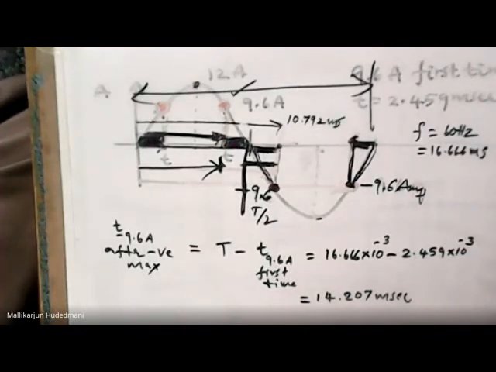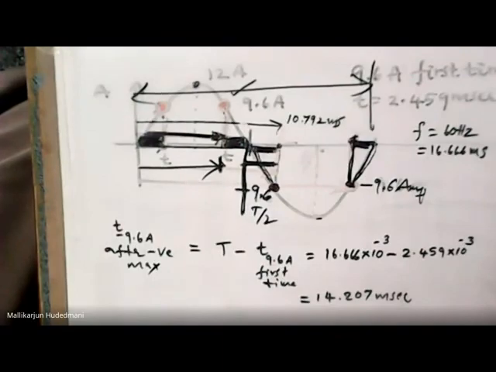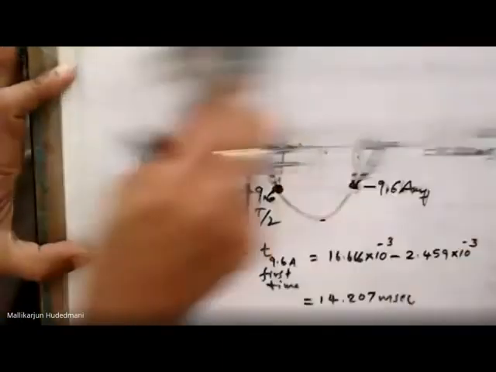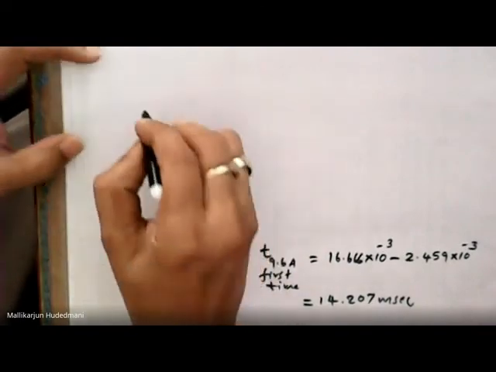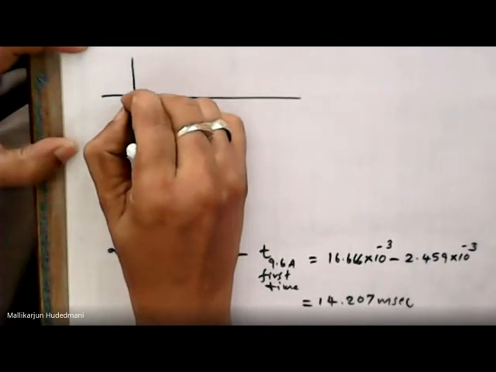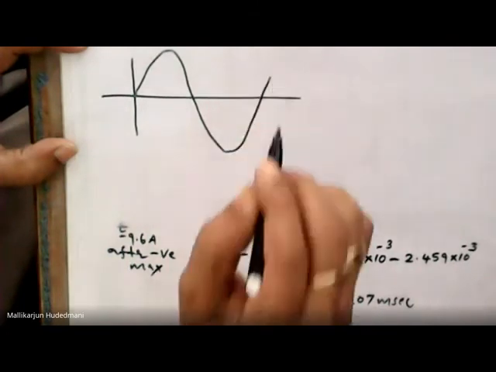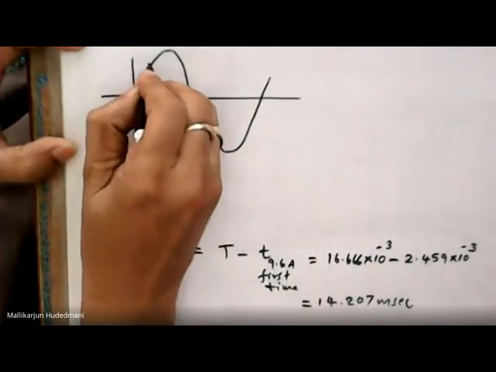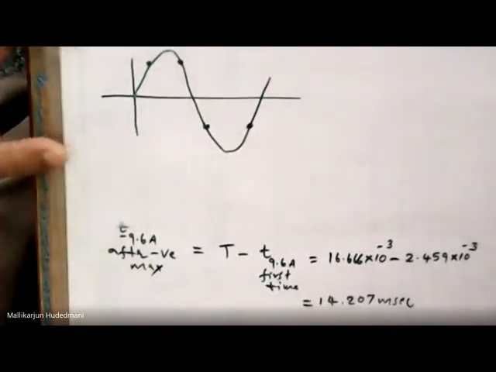So what I did in this exercise, I wanted to compute when a certain ampere like 9.6 appears. 9.6 appears 4 times. I redraw the wave here so that it will be clear to you. This requires a little bit of understanding, but books will not provide this. That is the reason I took it on paper. Let me draw a wave here again for your clarity. Certain quantity 9.6, 9.6, 9.6, 9.6. These are the points.